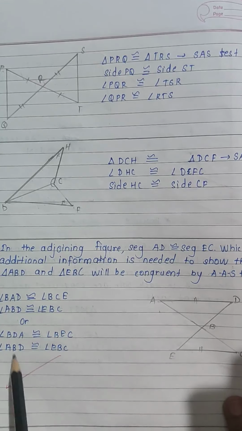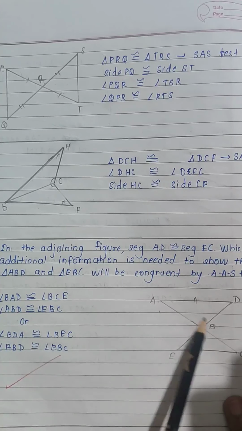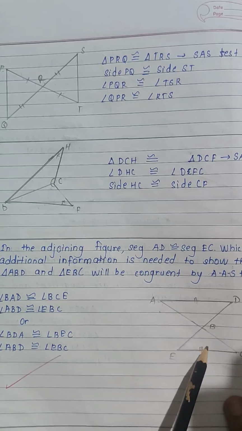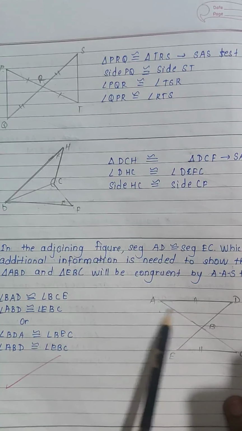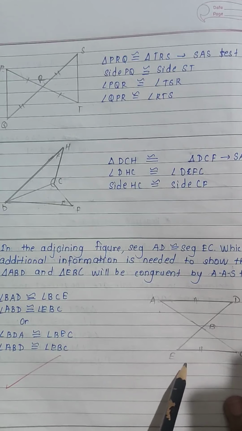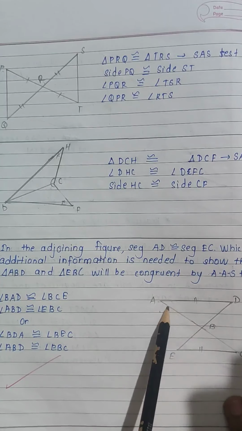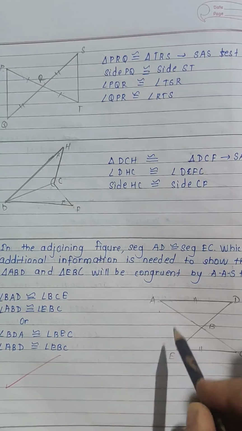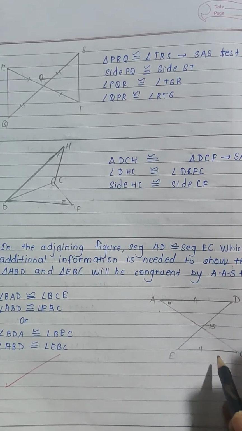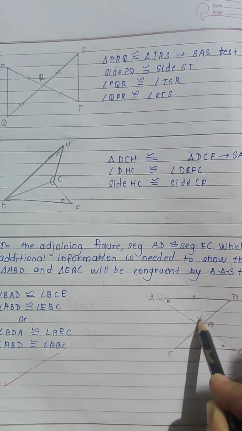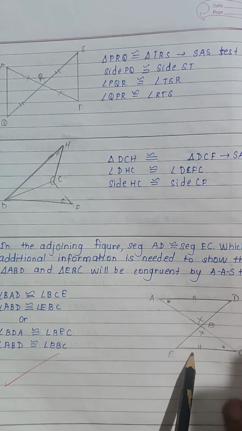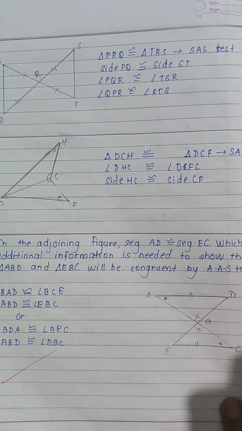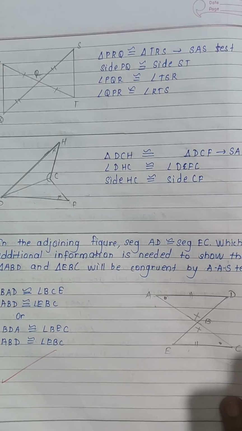For that, the two possibilities are angle BAD congruent to angle BCE and angle ABD congruent to angle EBC. If these two pairs of angles are equal along with the given side, then we can say these two triangles are congruent by AAS test.